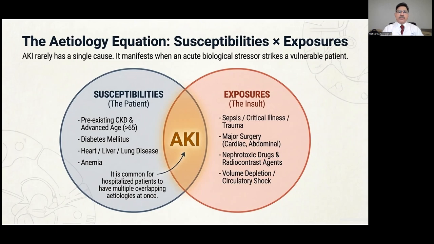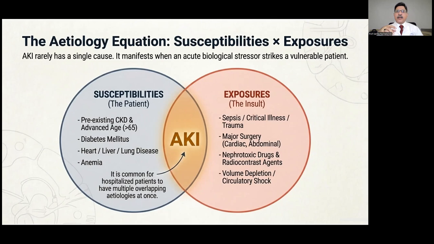What are the common susceptibilities? Pre-existing CKD, advancing age, diabetes mellitus, liver, heart and lung disease, anemia. What are the exposures? Sepsis, critical illness, trauma. Somebody has got a very bad road trauma and tissue injury is there. Lots of dangerous proteins are released into the body.